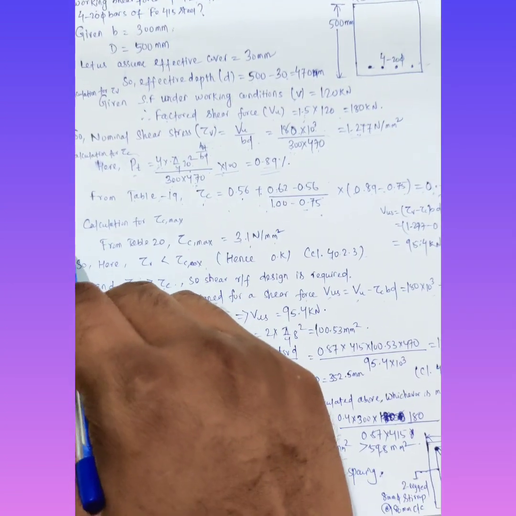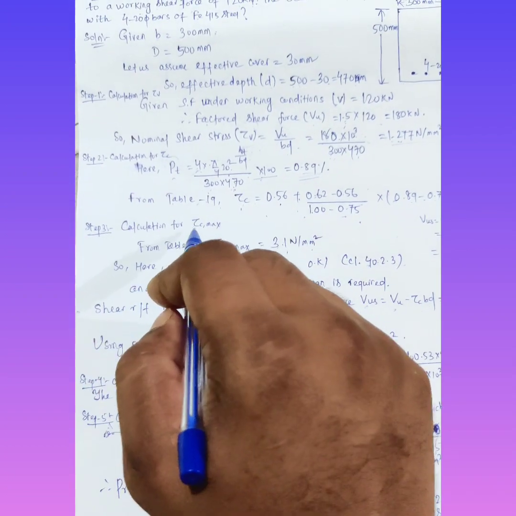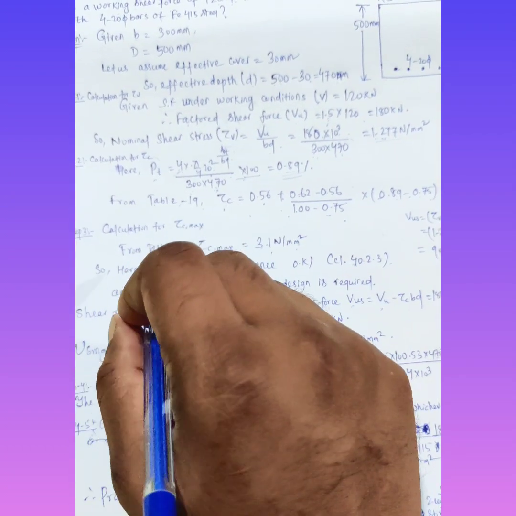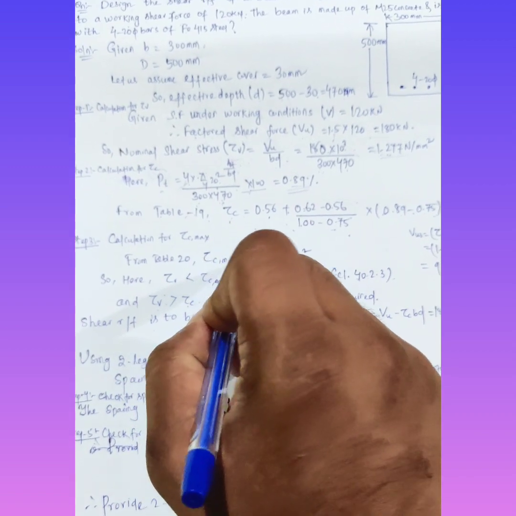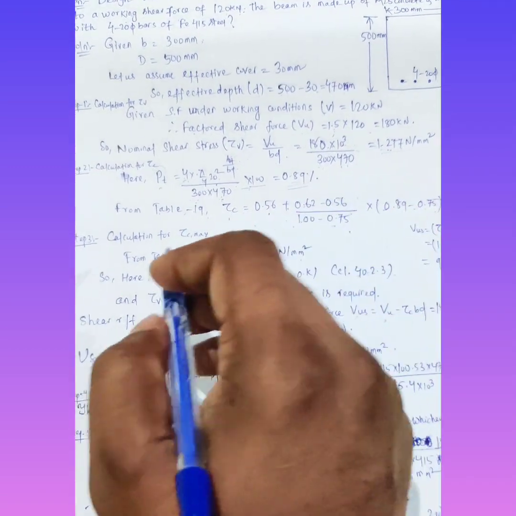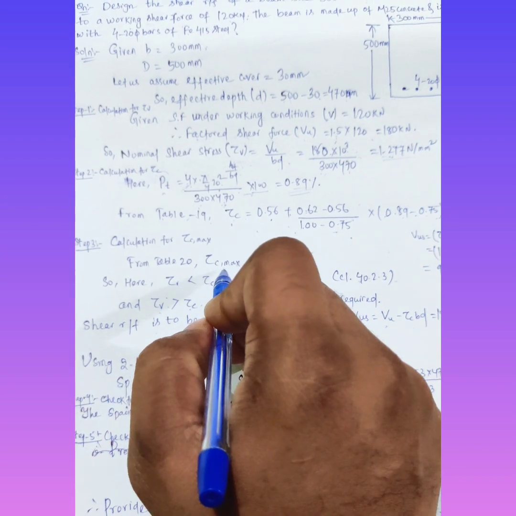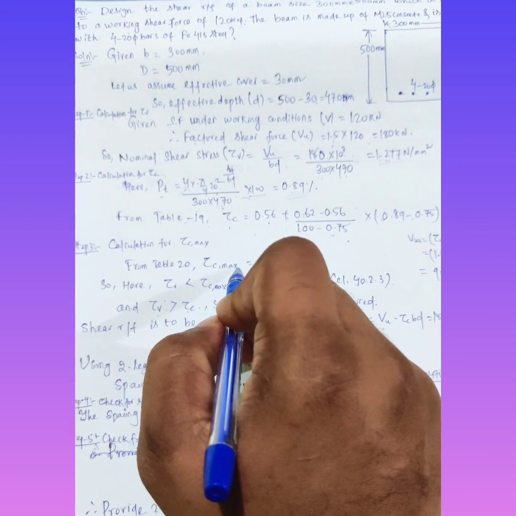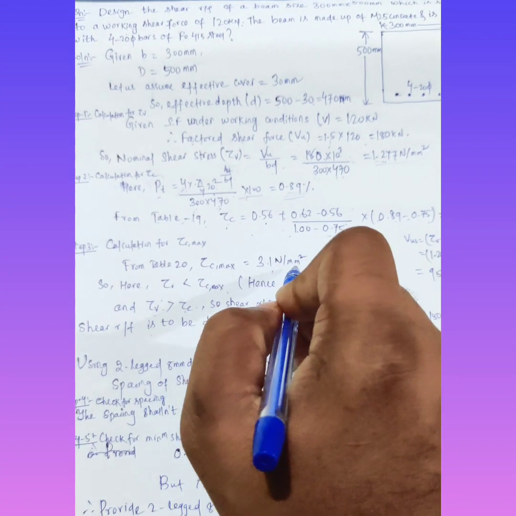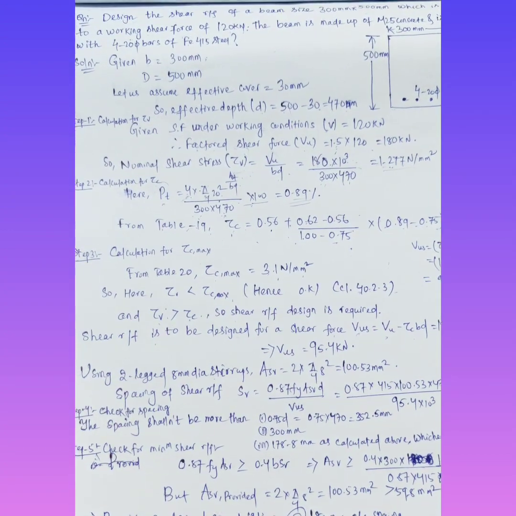Okay. So the next step is the calculation of tau c max. Tau c max will be taken from Table 20 of IS 456. From Table 20, for M25 grade concrete, it is clearly written that tau c max is equal to 3.1 Newton per mm square.